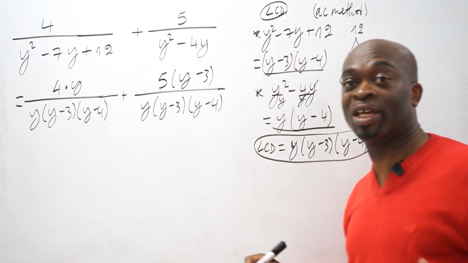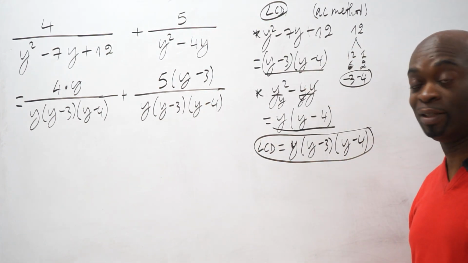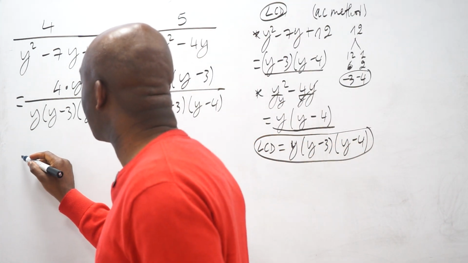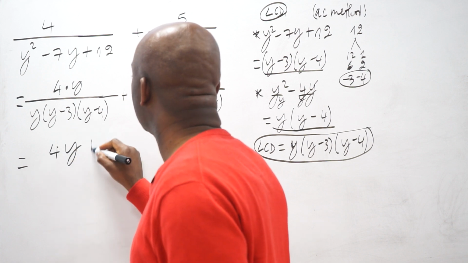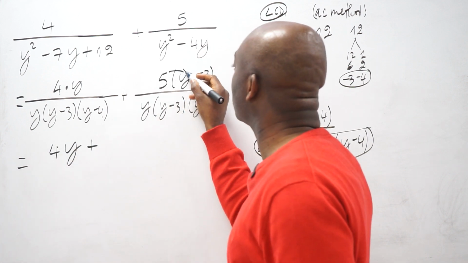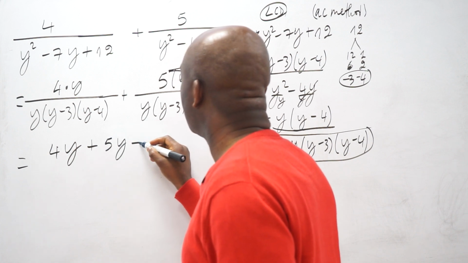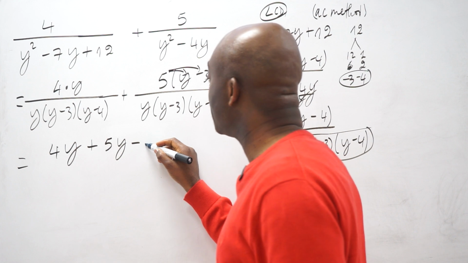Do you see the magic here, ladies and gentlemen? You follow these steps, you would never get this wrong again. So this is what we have. It is equal to 4 times y, which is 4y, plus 5 times y, which is 5y, minus 15, because 5 times negative 3 is negative 15.